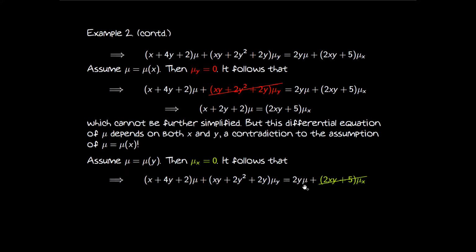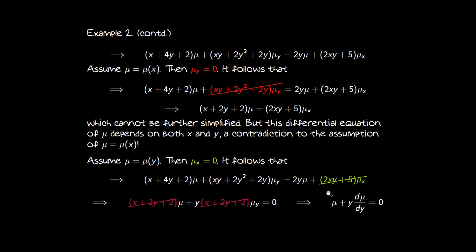We combine the mu terms. You can see the 2y, you subtract from both sides. You're going to get x plus 2y, right? And then plus 2, this many mu. And for the mu sub y term, we factor the common factor y here. We also get the factor of x plus 2y plus 2. And then we know this common factor can be canceled. Just divide both sides by this.